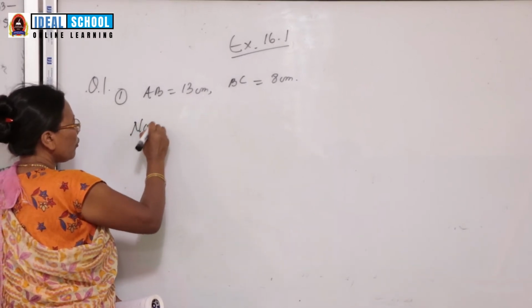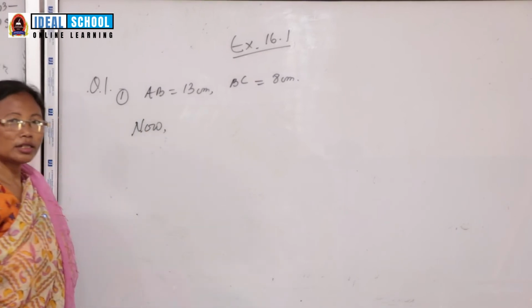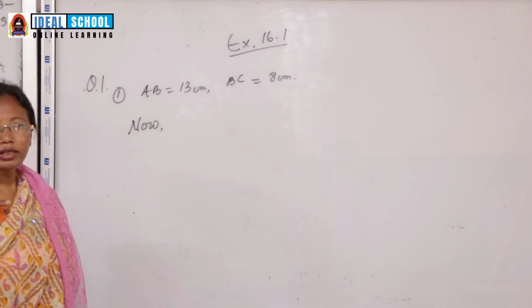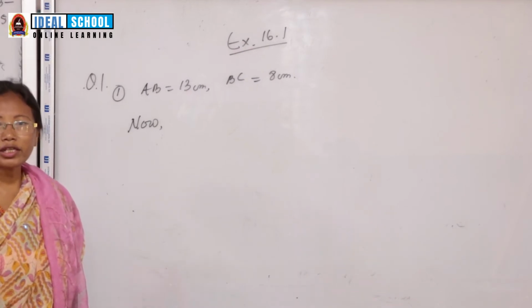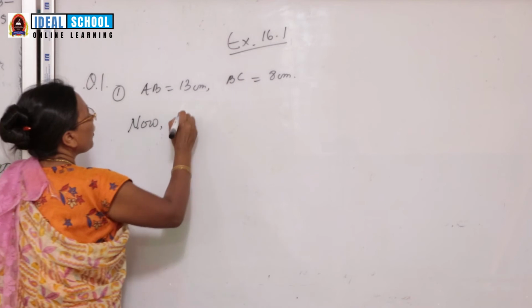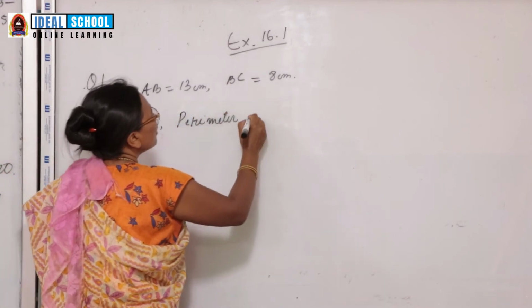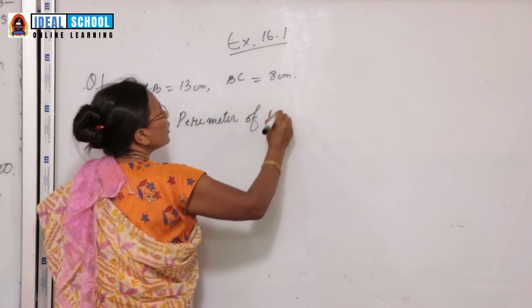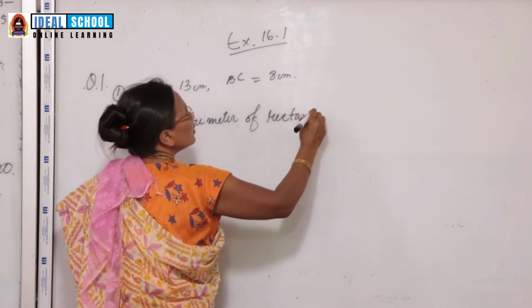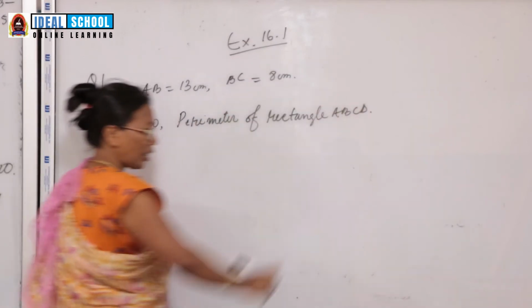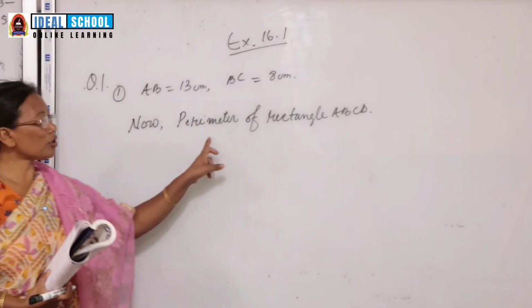Now we need to find the perimeter of rectangle ABCD. What is the formula for the perimeter of a rectangle?